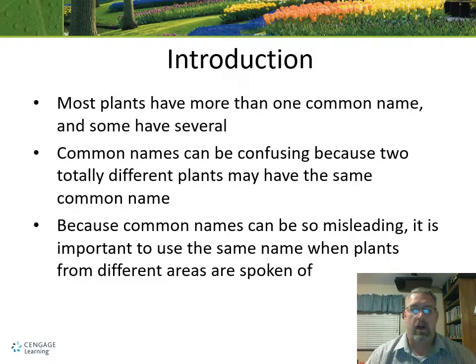We really talk about plant taxonomy being the Latin name, because this is the same for each species. So many different plants may have many different common names. All plants will have only one Latin name. So that's why we don't really utilize common names. If we're trying to find a specific plant, we want to make sure we're using the Latin name for those plants.